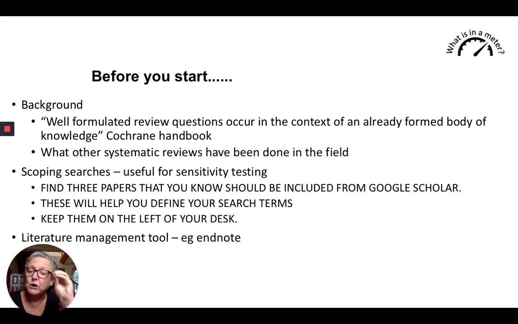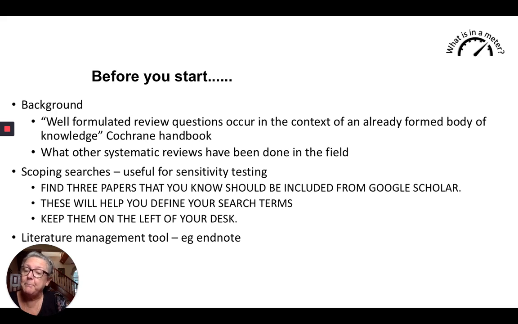Do you want to know whether or not something is effective? Do you want to know what the prevalence of such a thing is? Do you want to know whether there are barriers and facilitators to using something? You can actually have a systematic review on virtually anything, but you need to make sure your question leads the way in terms of how you're going to answer it and what you're going to do.